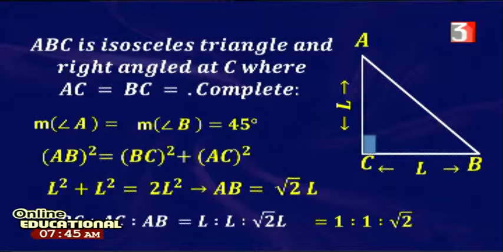So the ratio between the lengths of the two equal sides is 1, 1, and the ratio of the hypotenuse will be square root 2.